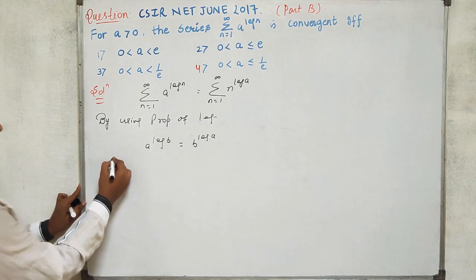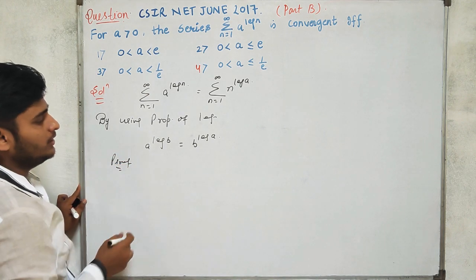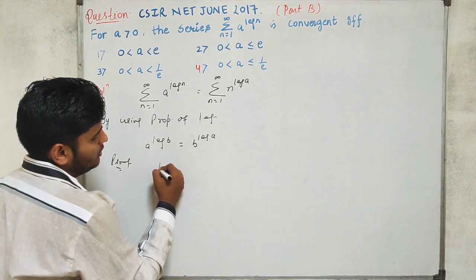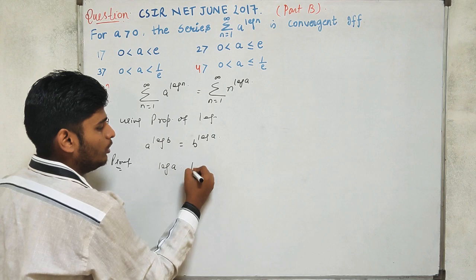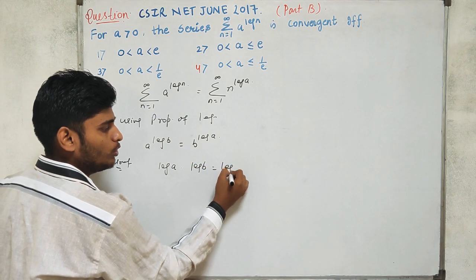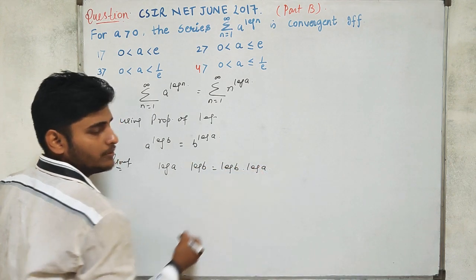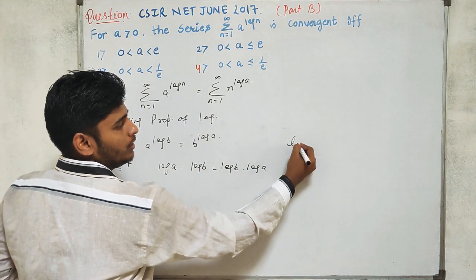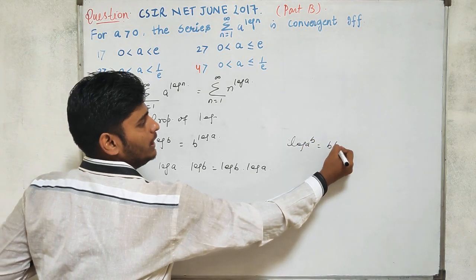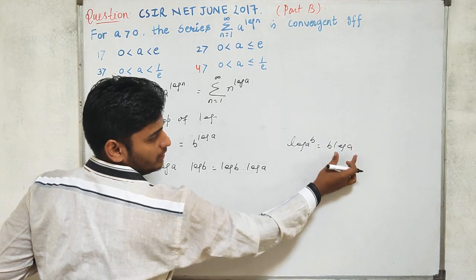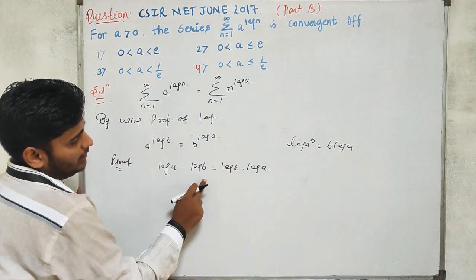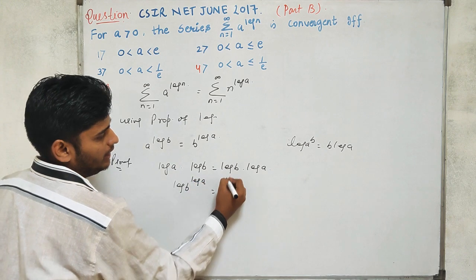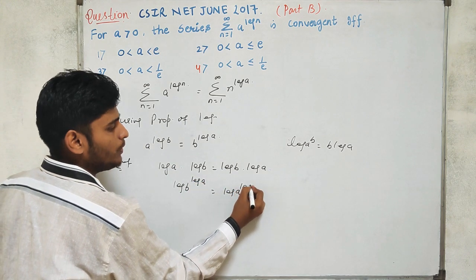It can be done because we know that log b and log a are also real numbers, so it can be written as log of a into log of b is equal to log of b into log of a. Now using the property log of a raised to power b is b log a, from right hand side to left hand side, we can write log of b raised to power log of a, and here log of a raised to power log of b.